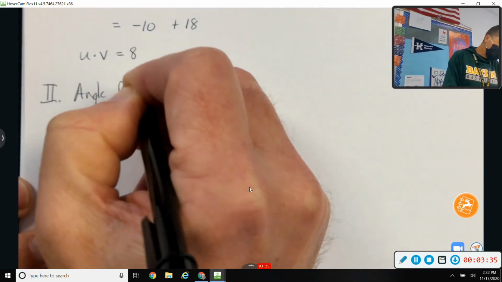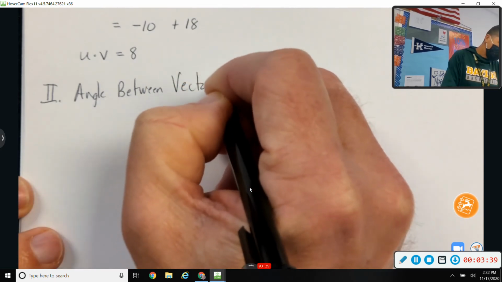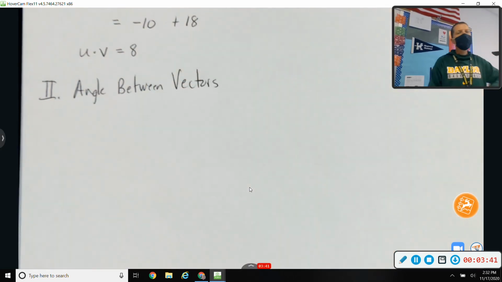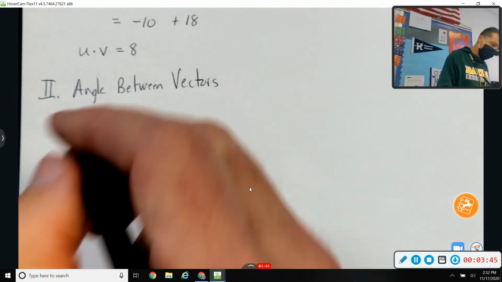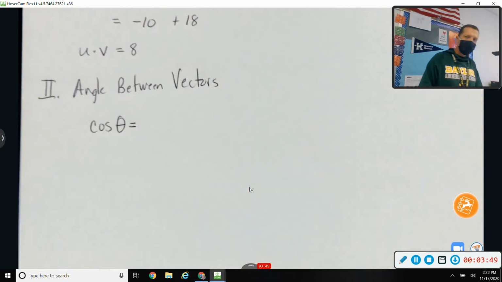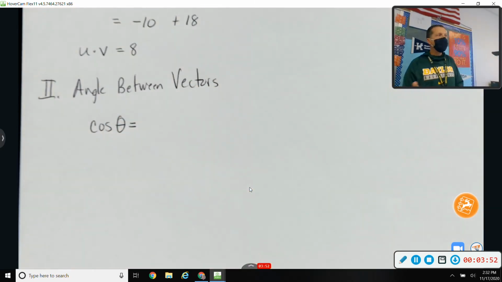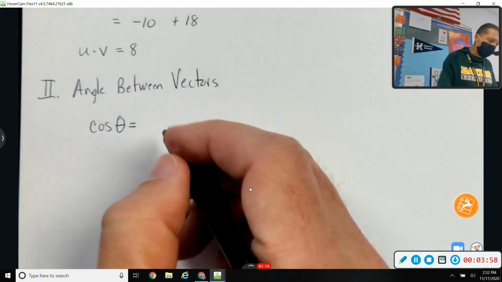Angle between vectors. The angle between vectors. It's kind of a complicated formula, but it's open note. By the way, even in years when it's not open note, we give you this formula because it's complicated enough to feel like we should give this to you.